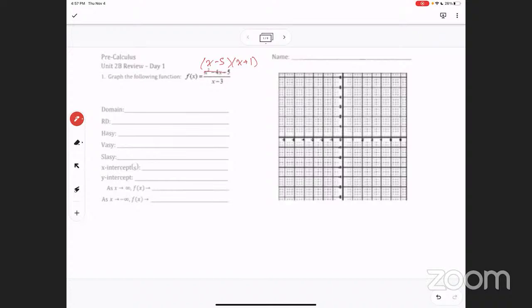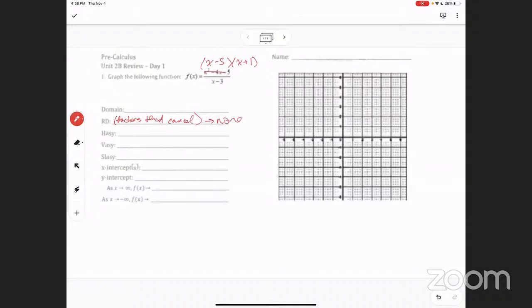What I do first is I look for removable discontinuities, and that's where factors cancel. There's nothing that cancels, so there's no removable discontinuity on this one. Factors that cancel are what would give us one, so we have none here. The horizontal asymptote, we'll deal with that later as well.